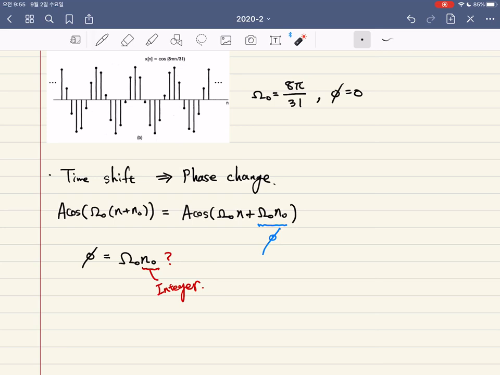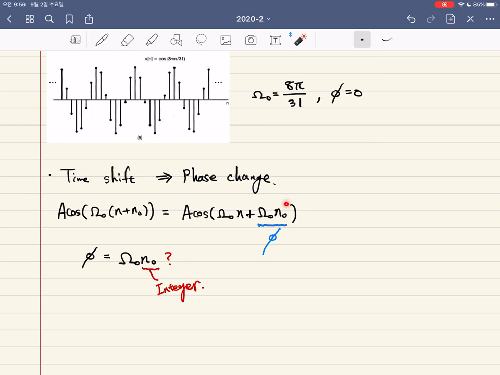Therefore, the opposite way is not true for the discrete time sinusoidal signal. If you do the time shift first, then you will obviously insert some integer like -1, -100, or 12, or 1012.